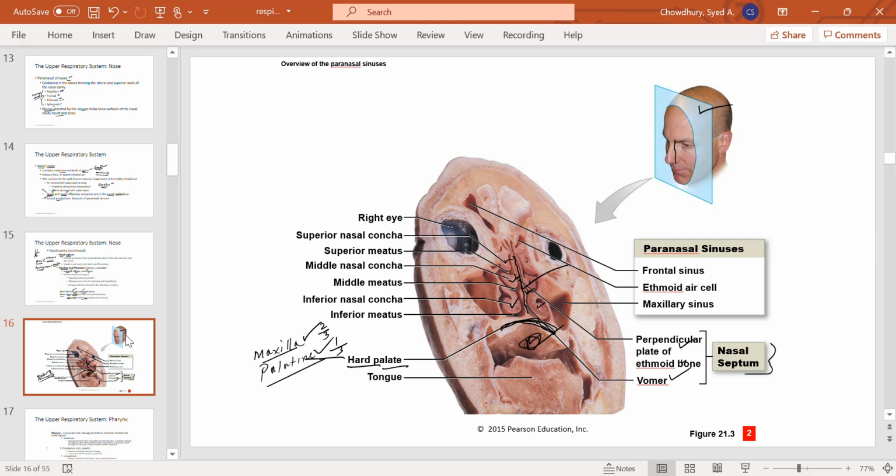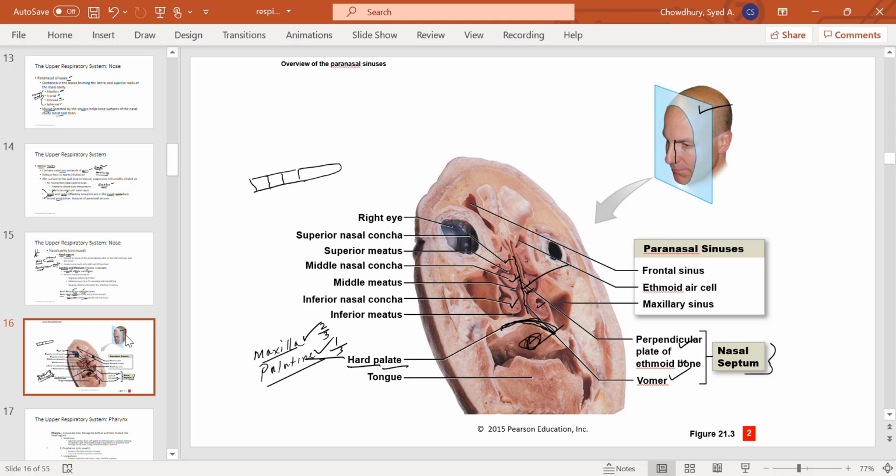That's the hard palate. And soft palate is the soft part of the palate, which is formed by the skeletal muscle. This is the soft palate, this is the hard palate. Hard palate has two bones.